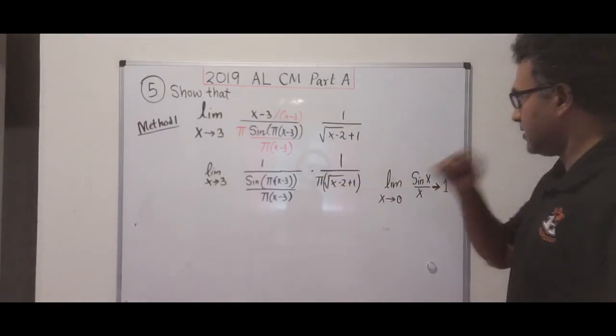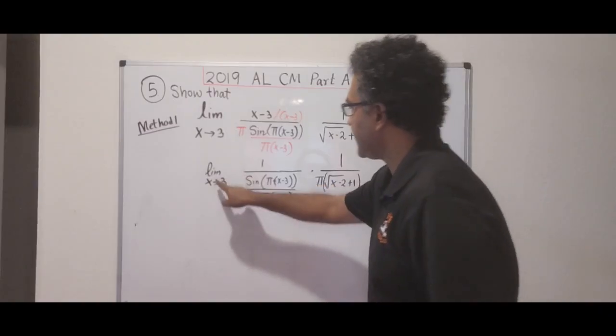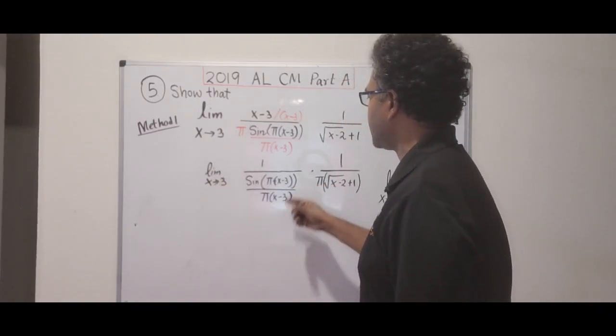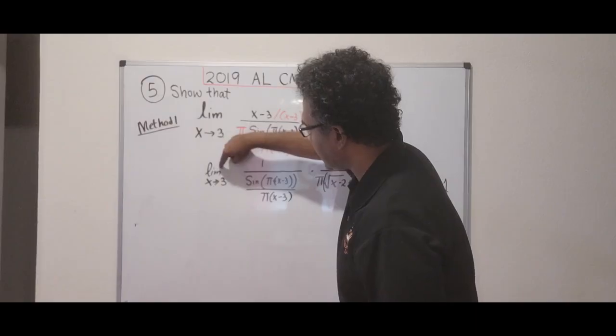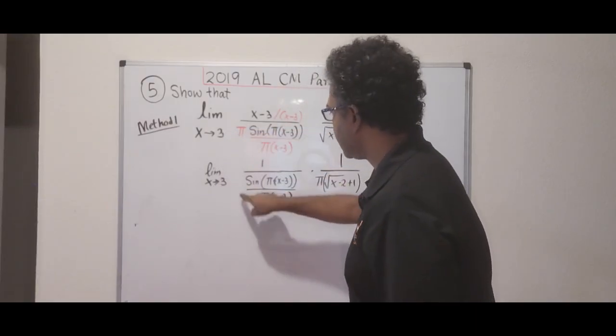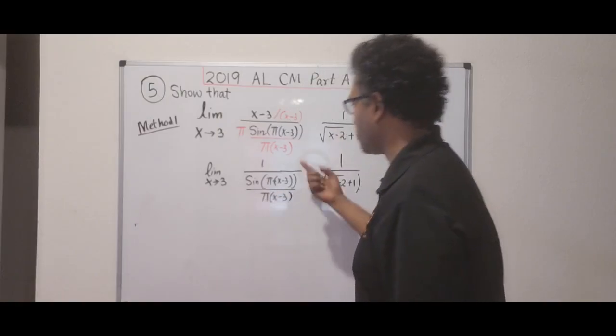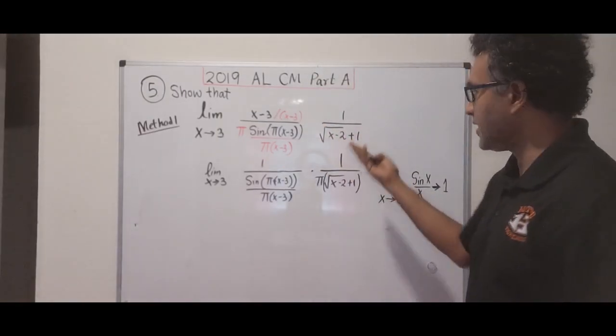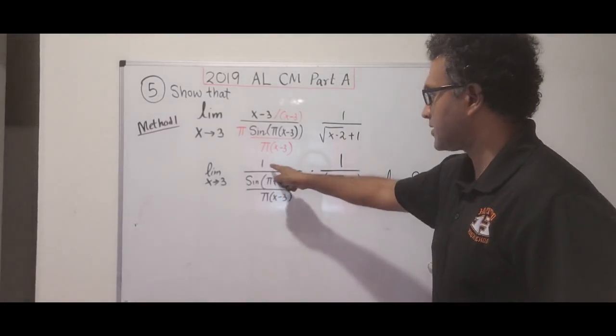Now this is taking the limit of this entire expression. That can be broken down as taking the limit as x goes to 3 of 1 and the limit as x goes to 3 of this other one. The 1 is just a constant, so there's going to be just 1.